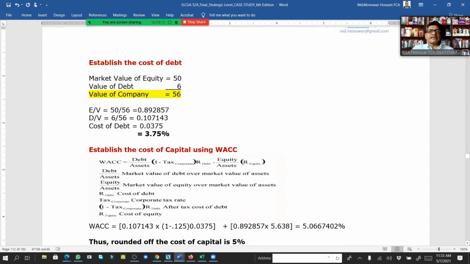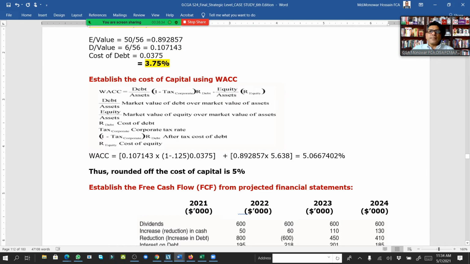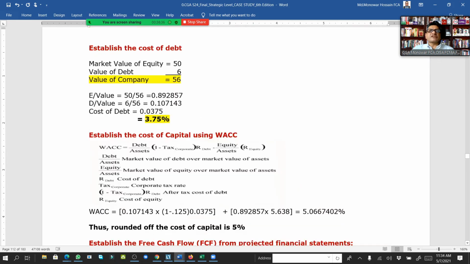And debt divided by total value comes to 0.107143. So the cost of debt is calculated here as 3.75%.